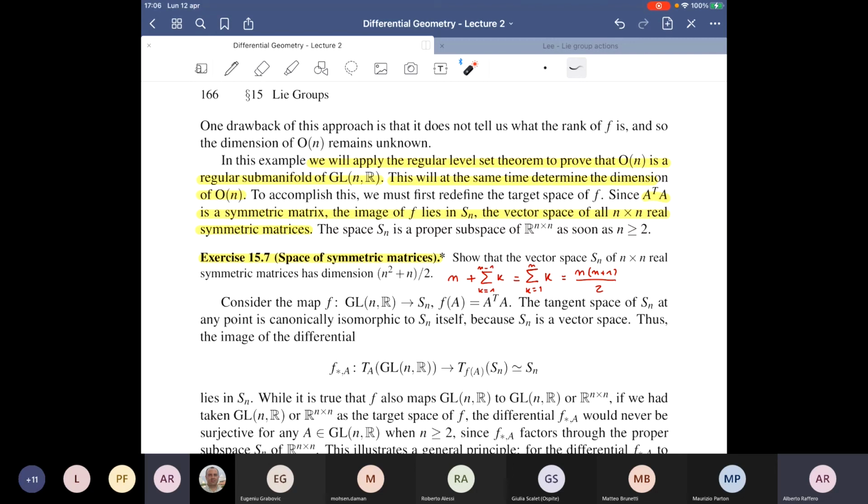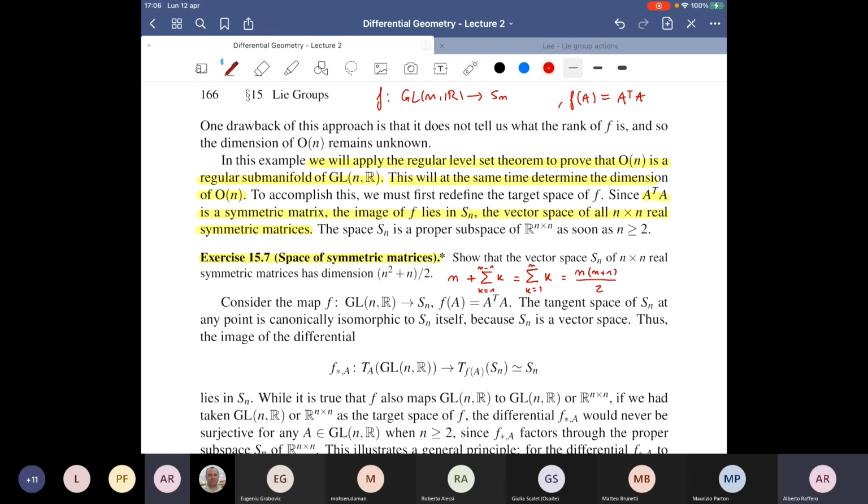So the image of this map F that we defined before, from GL(n, R) to GL(n, R), that maps A into the transpose of A times A, is actually inside the space of symmetric matrices. So you can think of F as a function going from the general linear group to the space of symmetric matrices.